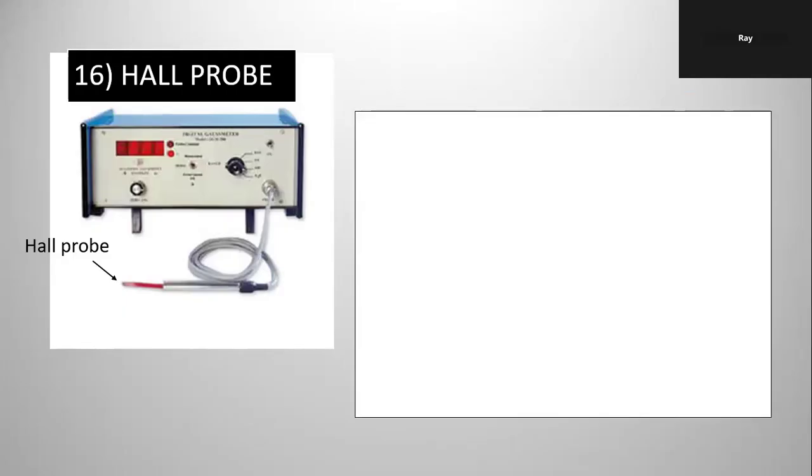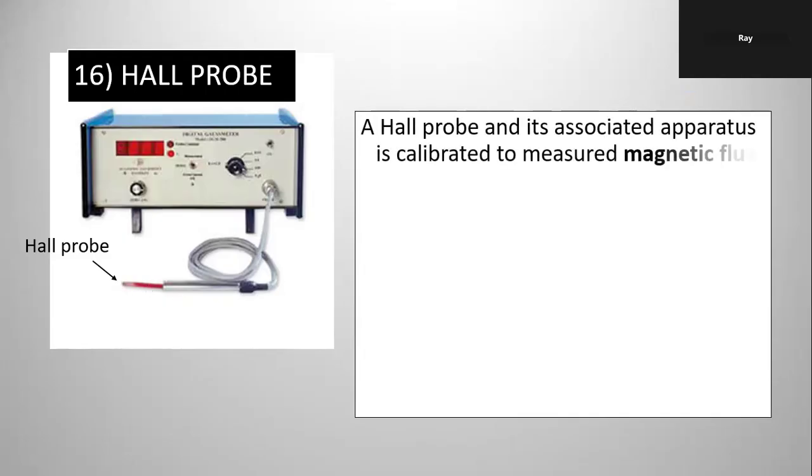Sunway College should have a Hall probe. The Hall probe is there, just a tiny semiconductor. The whole thing is called a probe, with the semiconductor there. This is the associated apparatus to measure magnetic flux density directly.